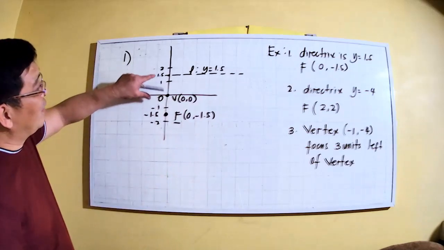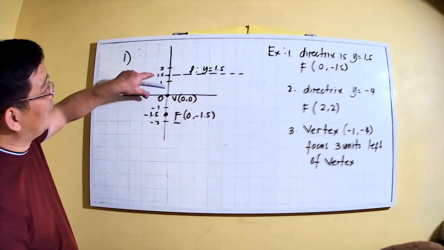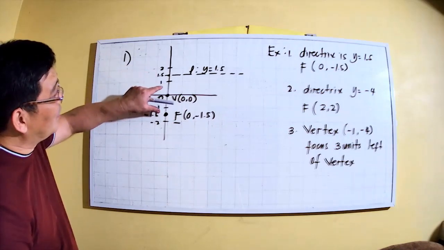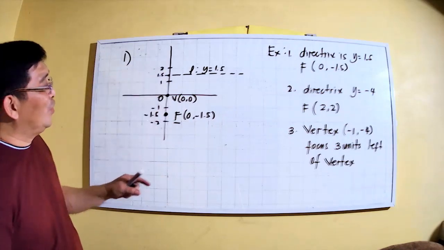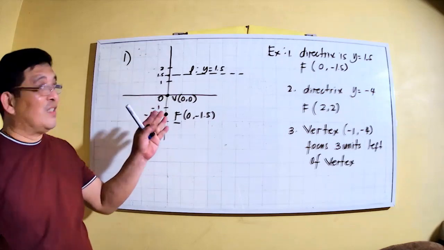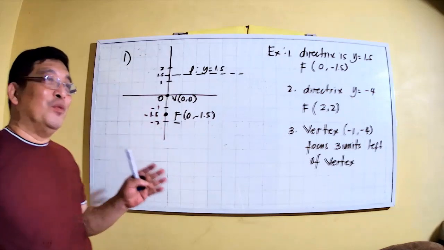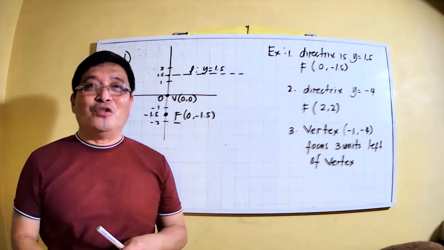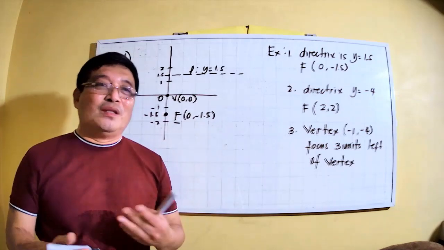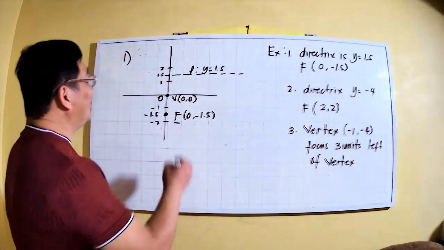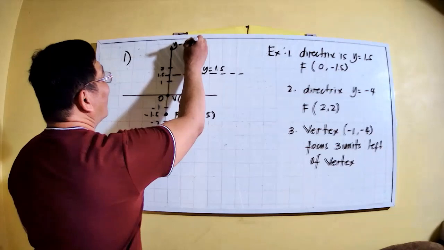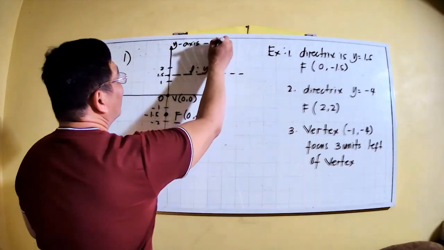Di ba? Yung this is positive 1.5 and this is negative 1.5. Pinag-usapan natin dito yung y-axis. Kasi kung hahanapin mo yung behavior ng graph niya, i-consider mo yung axis of symmetry. In this case, lumalabas yung y-axis is the axis of symmetry.